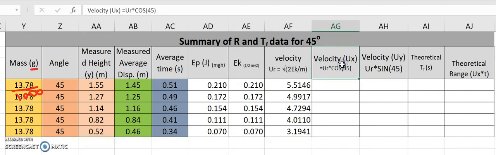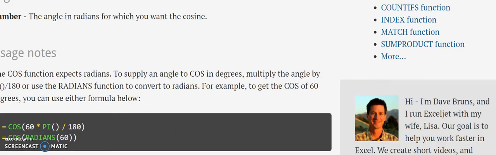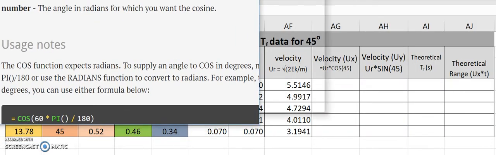All right, so this part becomes a little bit tricky because Excel is a little bit funny. I'll bring this window over and see if we can scroll across. Not sure that we can.